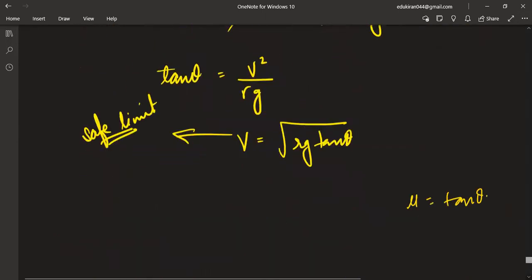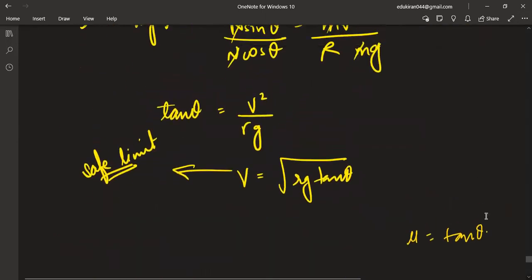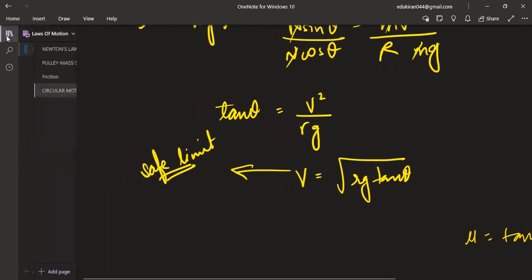Then bending of cyclist, safe limit. All right, let's practice the questions now.